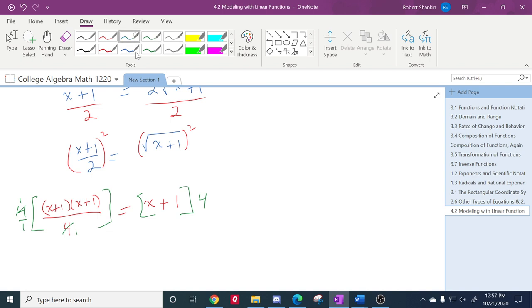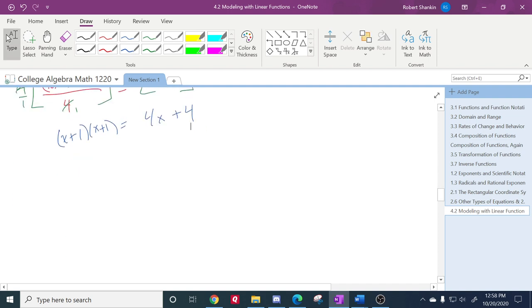And what I'm left with is x plus 1 times x plus 1 is equal to 4x plus 4. Still, I have to FOIL out this left-hand side.